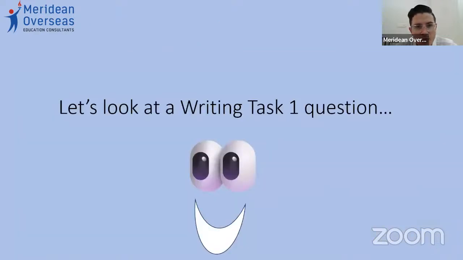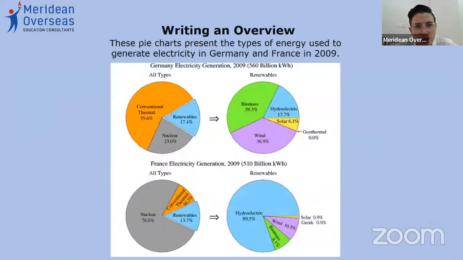Right, let's have a look at a writing task question. So we're going to start off by writing an overview, but let's look at the question first of all. These pie charts present the types of energy used to generate electricity in Germany and France in 2009.